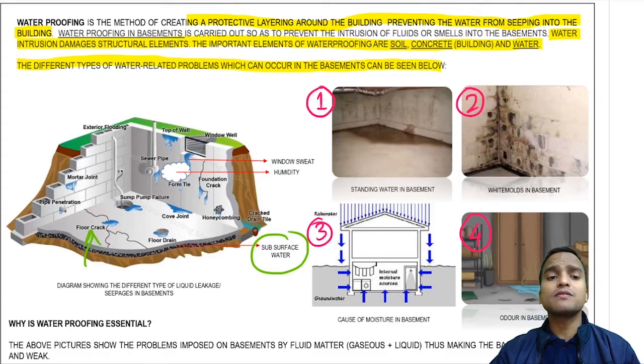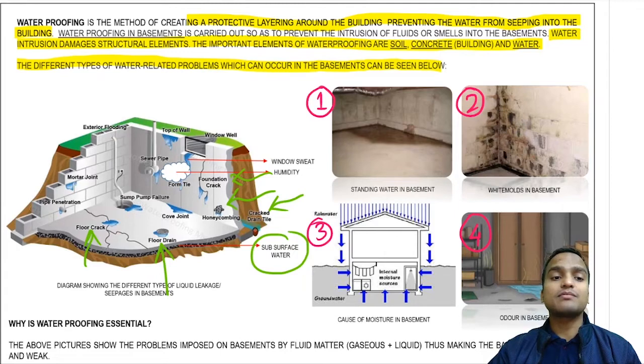Or maybe there is a fault in the drains, or it can be that the drain tiles are cracked, or there is honeycombing of the concrete, or there may be foundation cracks in the concrete.